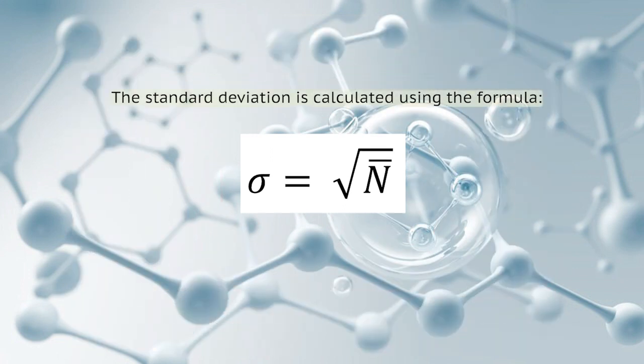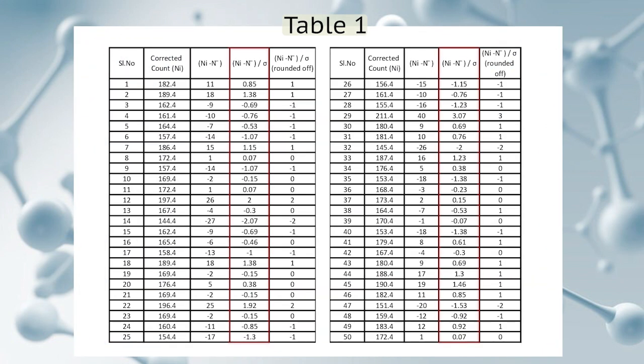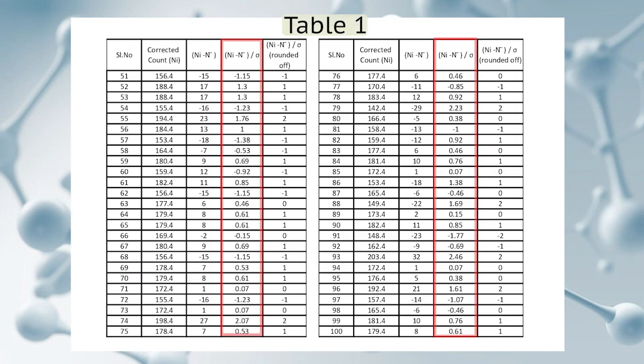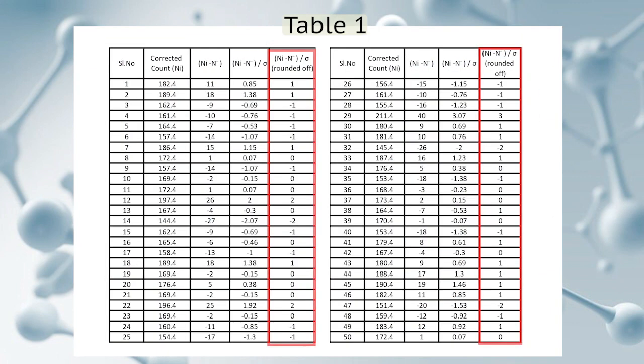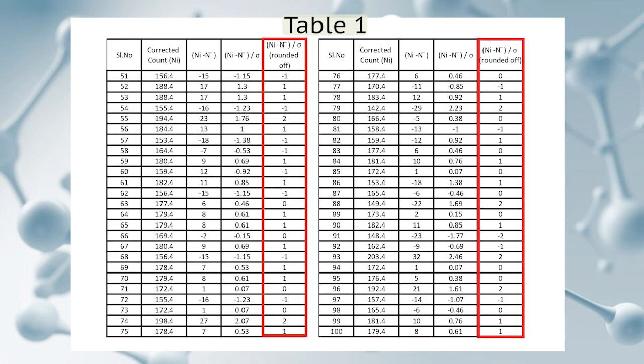The standard deviation sigma is calculated by square root of N bar. The next column is calculated using the following formula, that is Ni minus N bar divided by sigma. The calculated values are rounded off to the nearest whole number and this is filled to the last column.